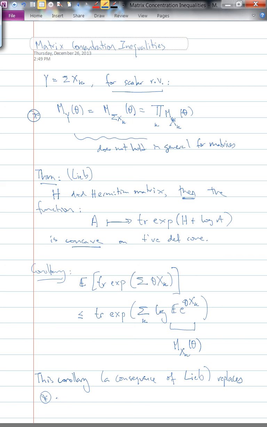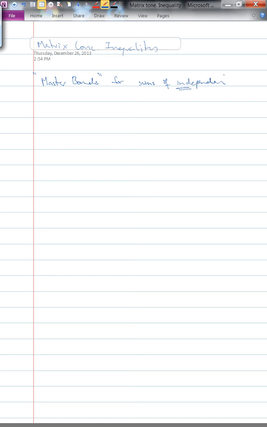So this allowed us to give what we called the master bounds. Putting these together, we got the following master bounds for sums of independent, not necessarily identically distributed, random matrices.